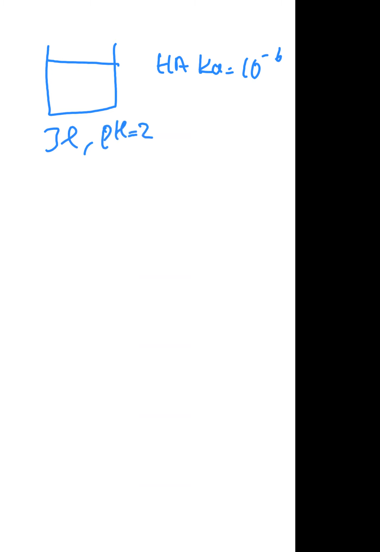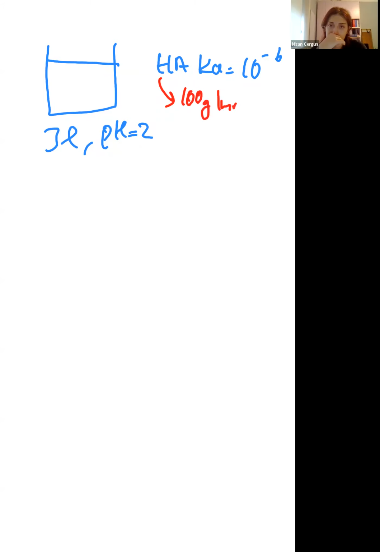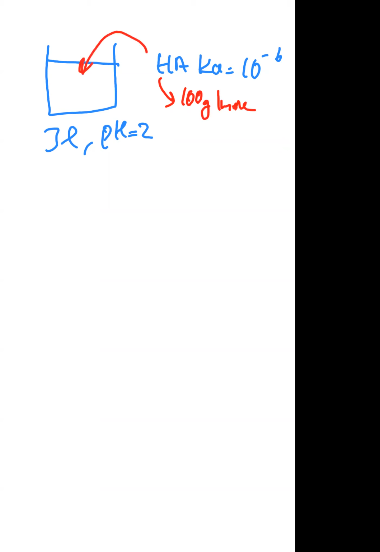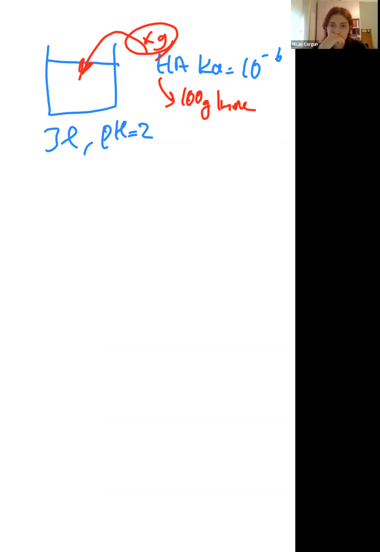And let's give additional information to make our question a little bit longer. The HA has a molecular weight of, let's say, 100 grams per mole. And they ask us how many grams of HA, X grams, should be added while preparing 3 liters of this solution.